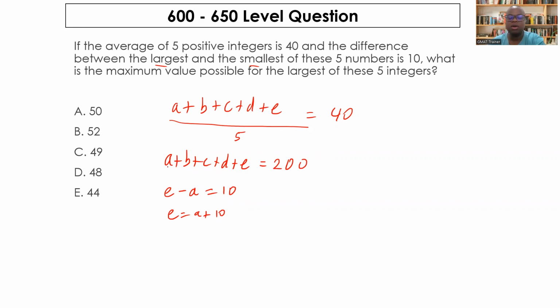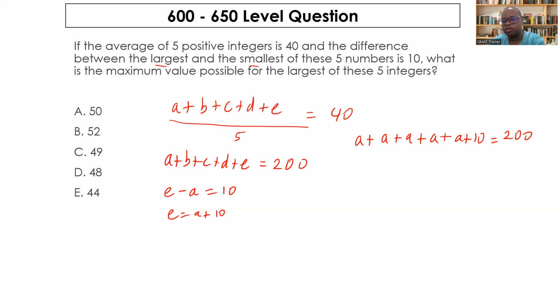If they're all equal to A, then we find the maximum possible value for E. So we'll have A plus A plus A plus A, 1, 2, 3, 4, then the fifth digit being A plus 10 is equal to 200. Now you have an equation which is very simple and easy to solve.